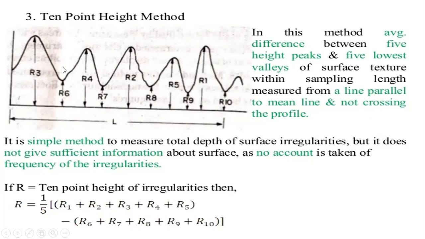It is the simplest method to measure the total depth of the surface irregularities, but it does not give sufficient information about the surface. It only gives the average value, as no account is taken of the frequency of the irregularities.